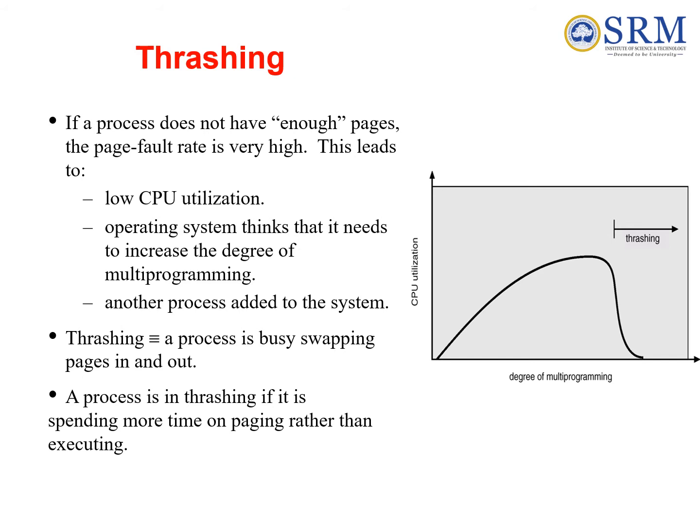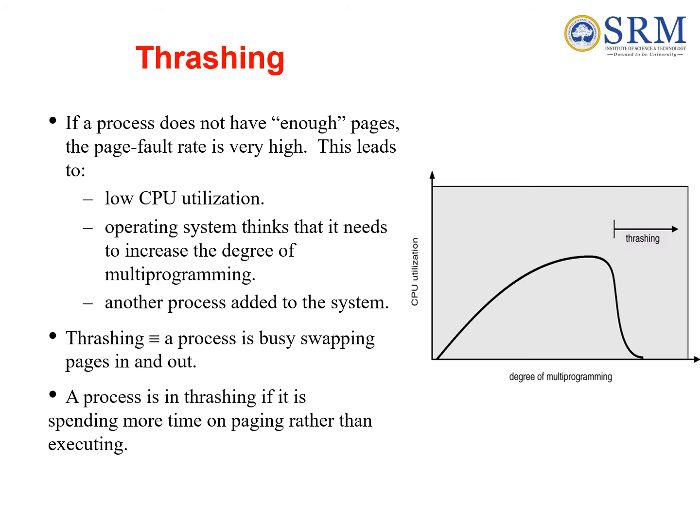So the process is busy swapping the pages in and out. This is called thrashing, which means a process is in thrashing. I can say it is in thrashing if it is spending more time on paging rather than execution.